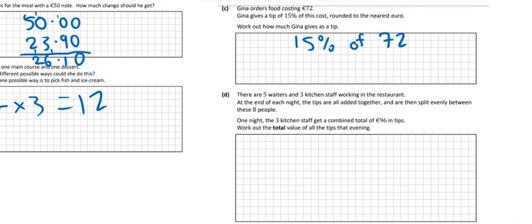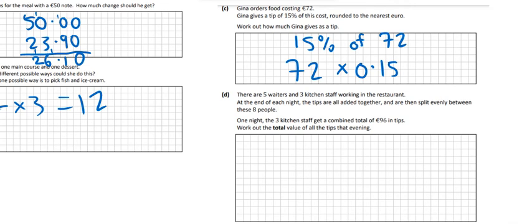There are loads of different ways you can find a percentage of an amount. You could change it into a fraction or change it into a decimal. One way is to do 72 multiplied by 0.15. You can just put that into your calculator. Or you could change 15% to 3 over 20 and divide by the bottom, so divide by 20 and multiply by 3.